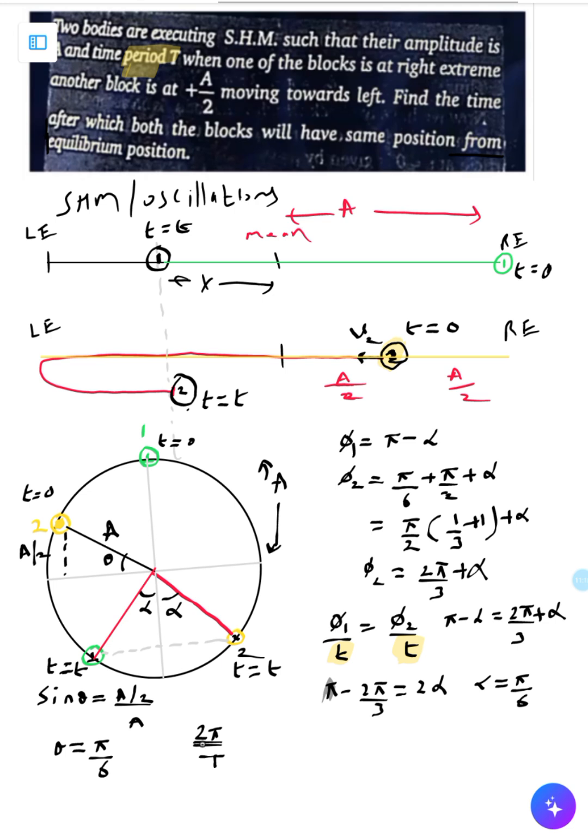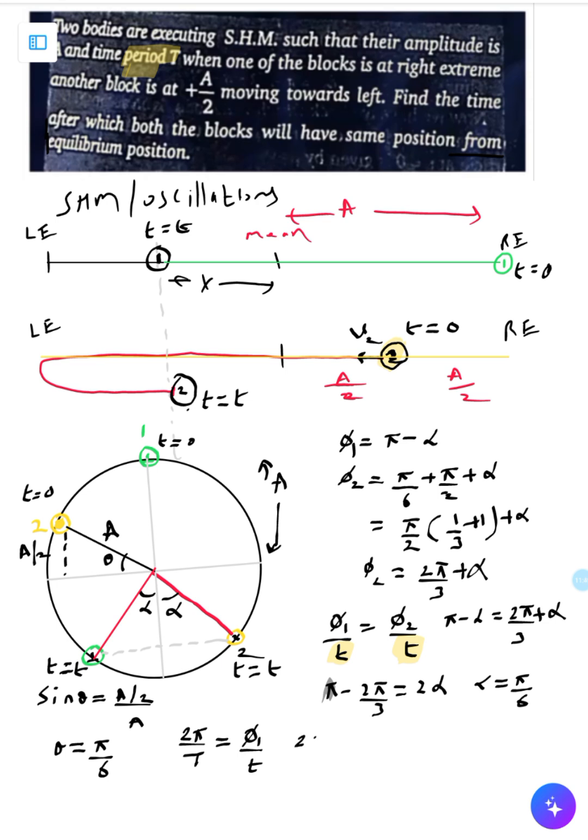I'll write it properly. This will be for one oscillation 2 pi. Then for angular displacement of phi 1, what is the time it will take?